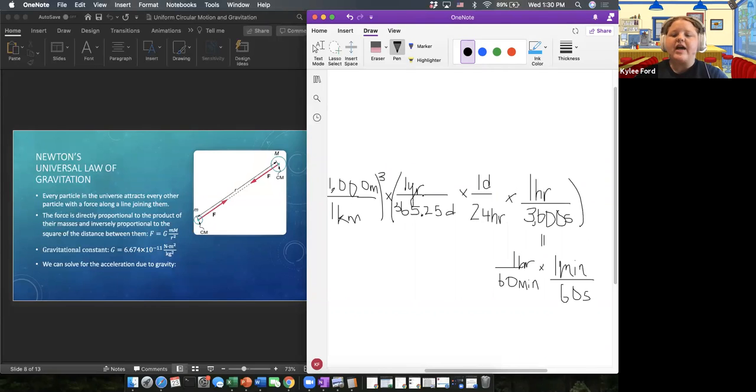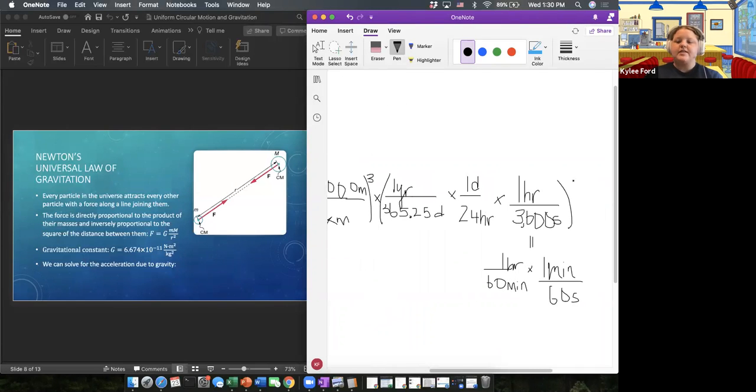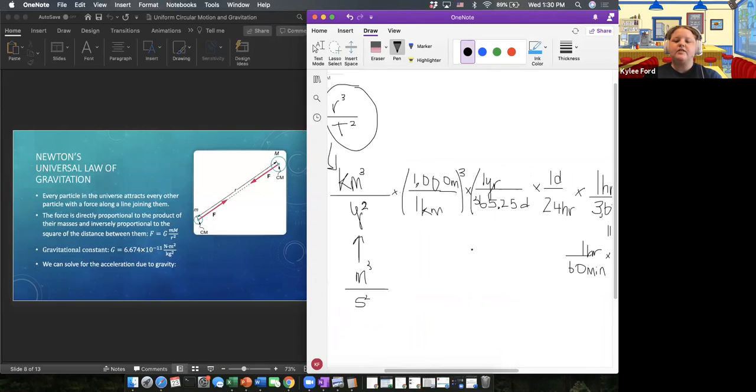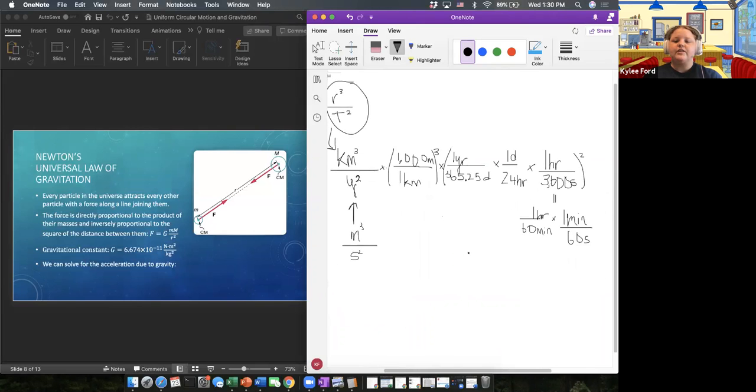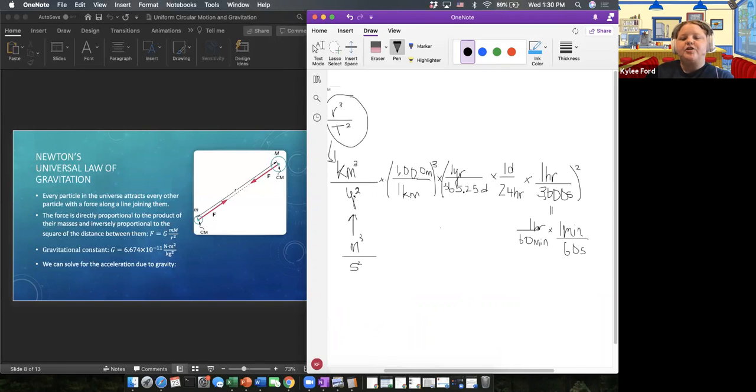Anyway, so now we have this conversion from years to seconds. And again, this is squared, so I will do the same thing and square this whole thing. So this is how I would convert. Let me scroll out so you can see the whole thing. Convert the kilometers per year all the way to meters and then seconds.